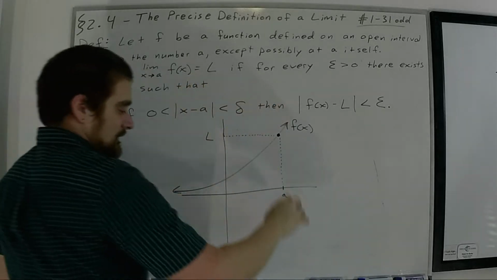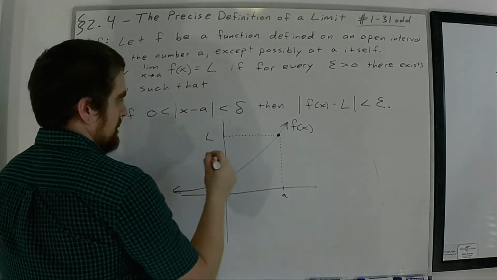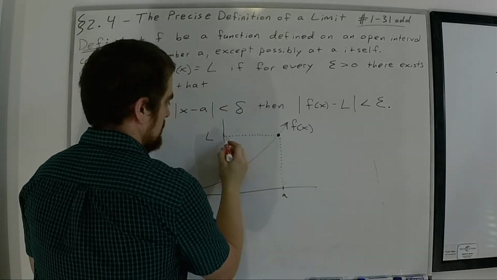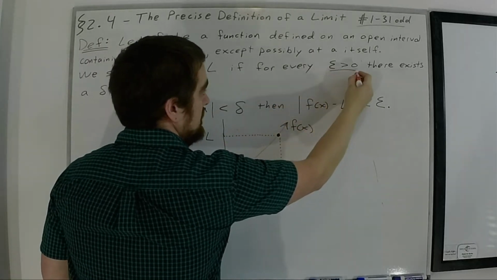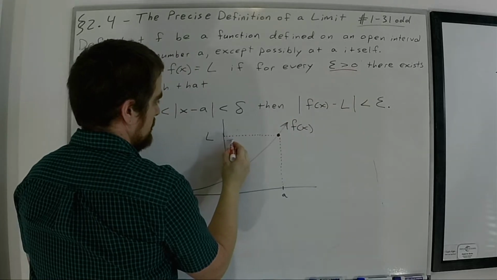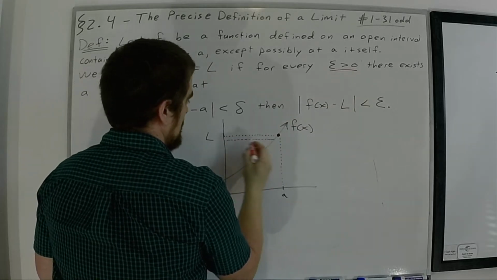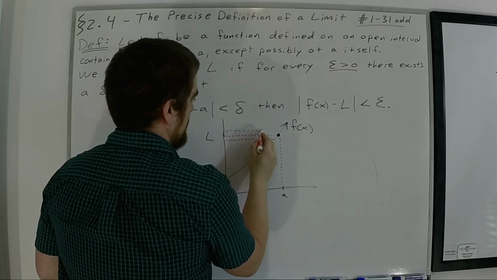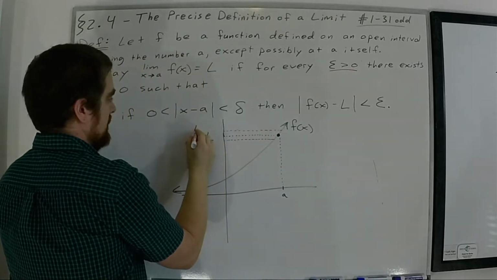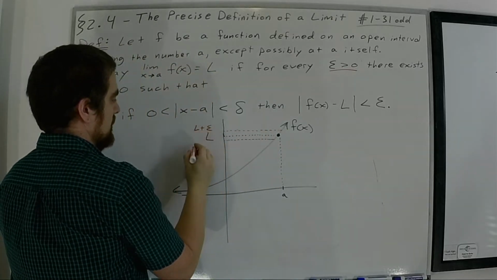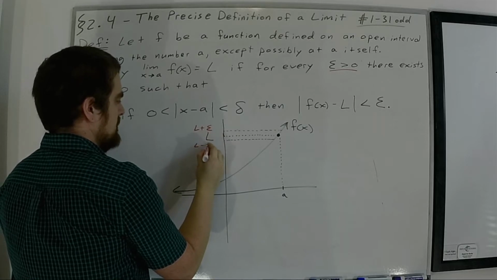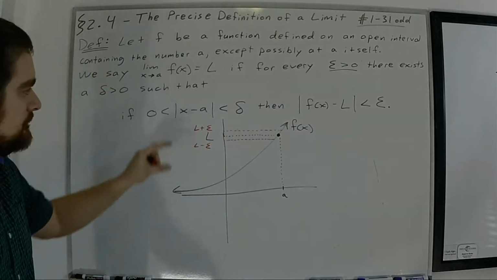Based on the epsilon delta definition, that means that given this small positive quantity, epsilon, it gives me a window to look at, in terms of L plus a little more epsilon, or L minus that little bit of epsilon.